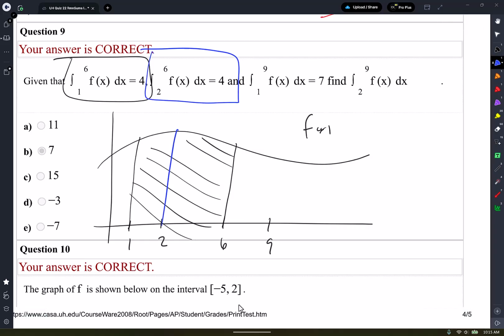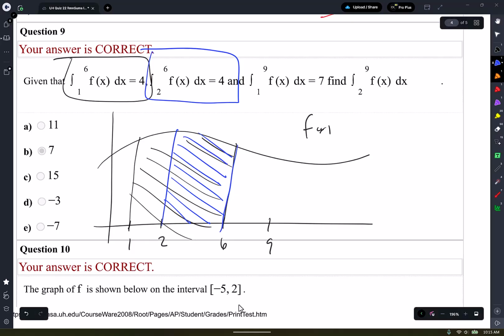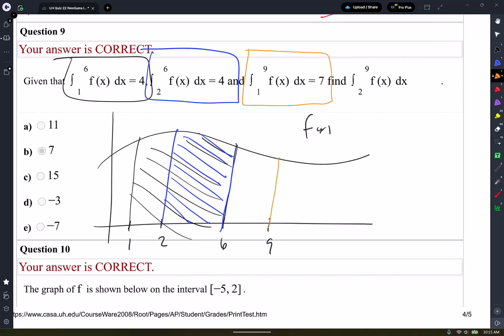So I'm going to go 2 to 6, and I'm going to write this one in blue. Can you guys tell the difference between blue and black? Okay, because sometimes they're too close. And here is the 1 to 9 in burnt orange. So that's all of it. And they want the area from 2 to 9.